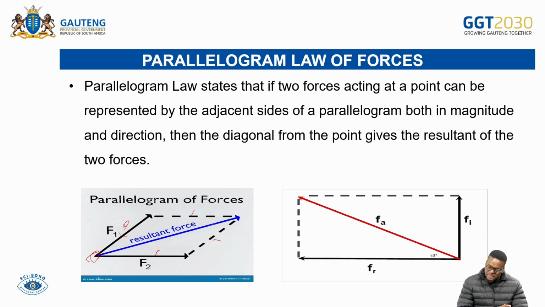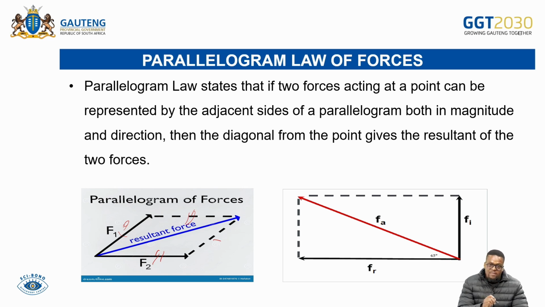So remember, we have done a tail to head method while we were doing the collinear vectors, which simply means we firstly draw the first vector, and then from the head of the first vector you draw the second vector, right? Now in this case, the law of parallelogram, we are using a tail to tail method, which simply means you start by drawing the force F1, which is the first force, and then from the tail of the first force you start drawing your second force, right?